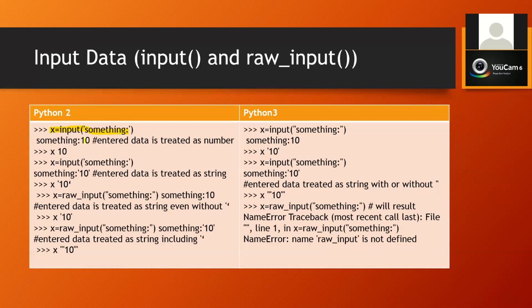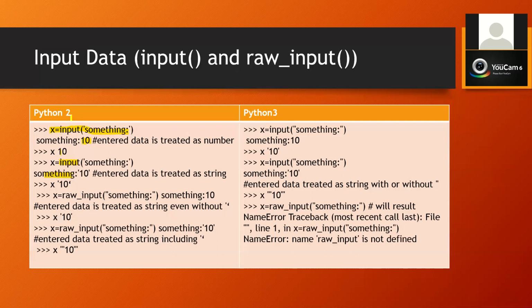So I have written 10. Here it will ask, something colon 3. Here input x equals input something. So you are putting some value, 10 you have put. Now here also x, something. So something equals what you put, 10.